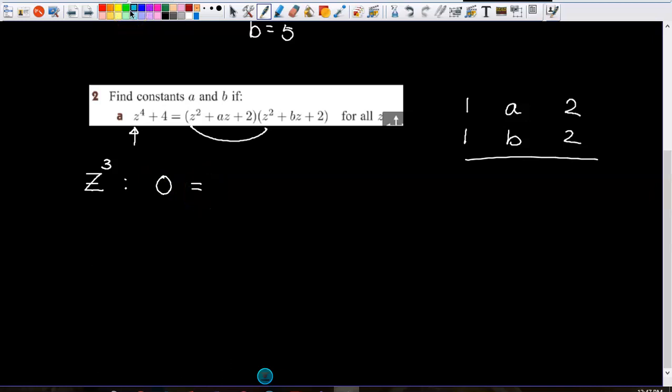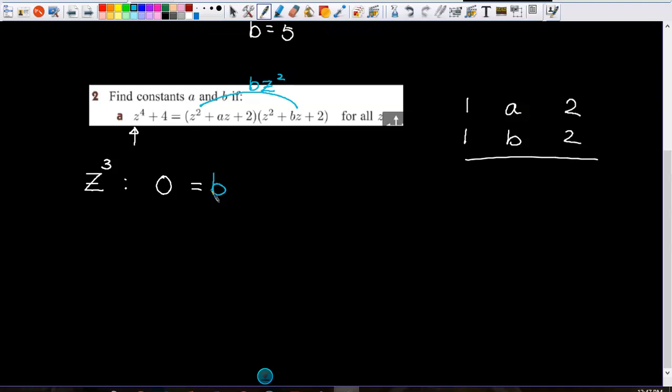On the right-hand side, here's where the colour comes in. I look to see how do I get a z cubed, and there's really only 2 ways. It's when I've got a z squared times another z. Would you agree? And z squared times bz, I end up with bz cubed. So the coefficient is just b.